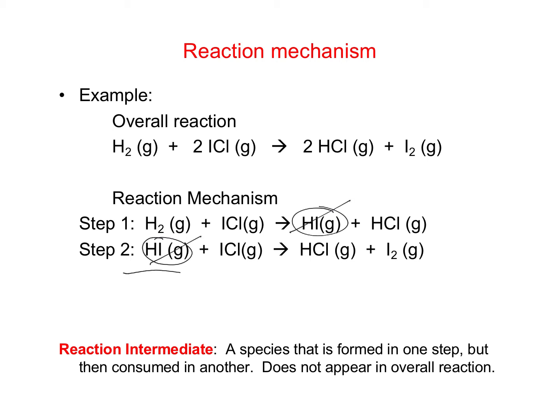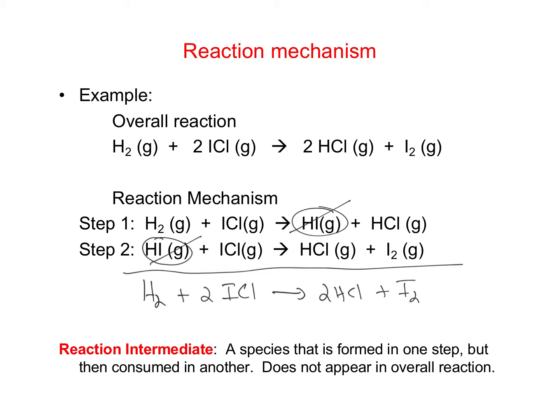Then when we add up what's left, we get 1 H2 and 2 ICl, and that makes 2 HCl and an I2. You can see that when I add up the two mechanistic steps, the reaction I get matches the overall reaction.